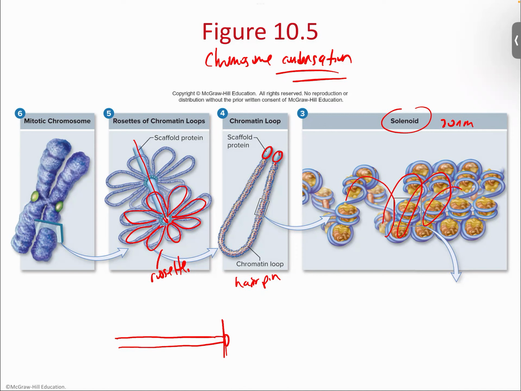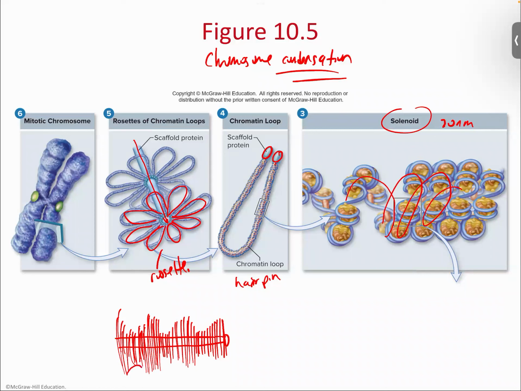But as I pack each rosette in behind each other, I start to build this sort of stacking system of DNA. Some of the rosettes are bigger than others. Some of them are smaller than others. So it starts to look like that.